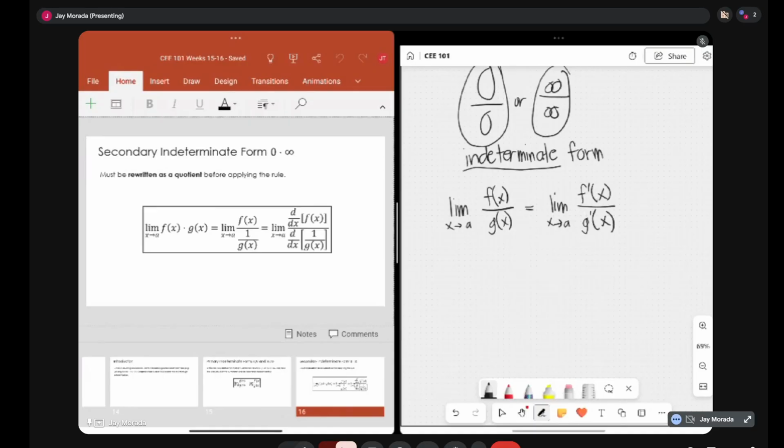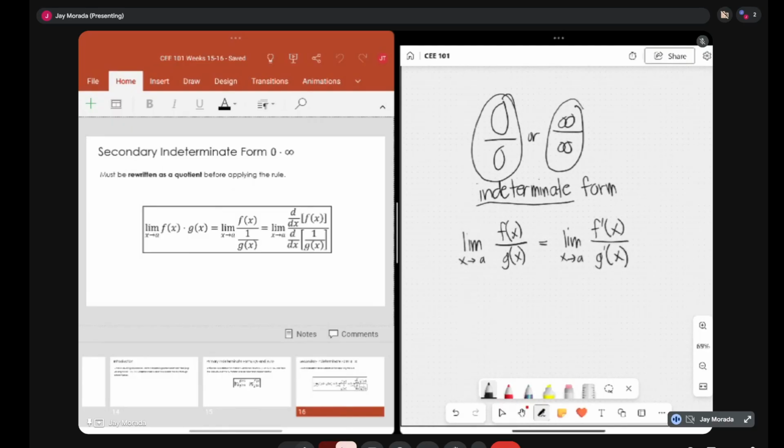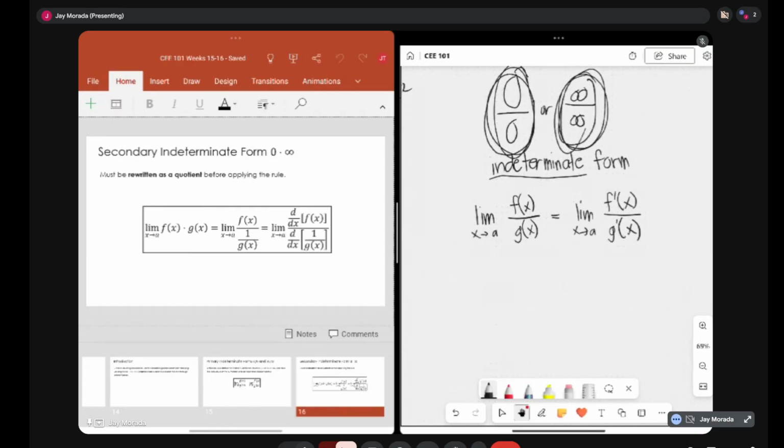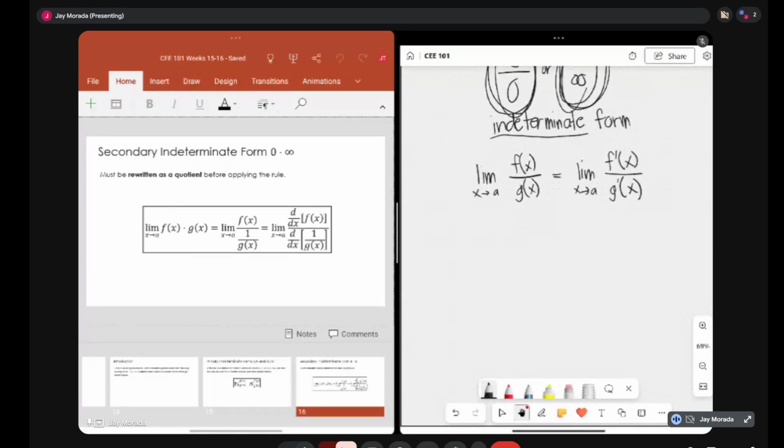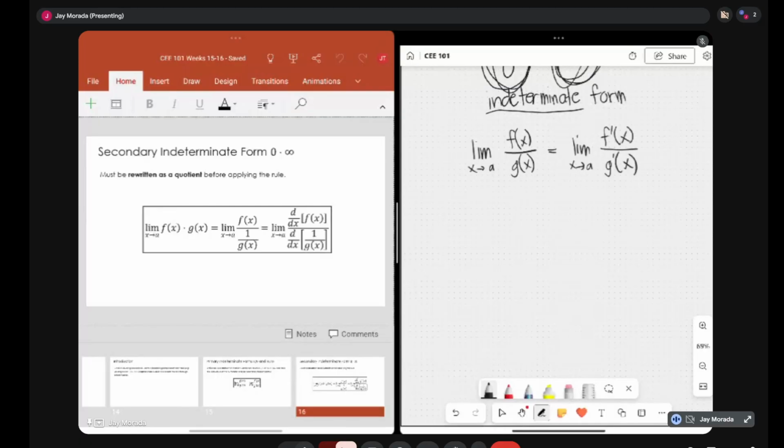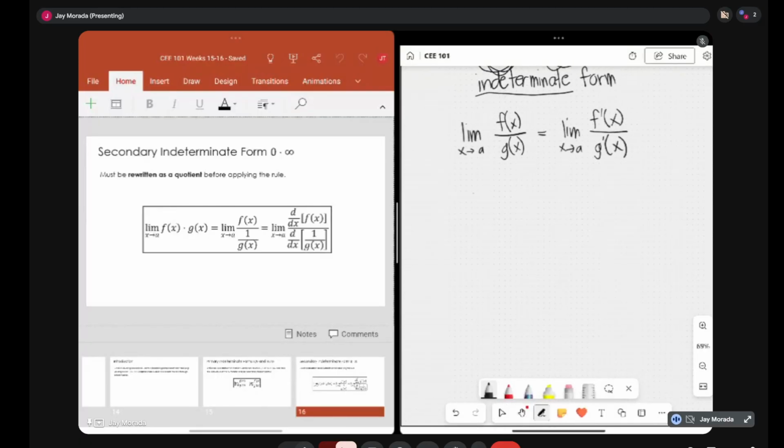This is what we call the primary indeterminate forms, 0 over 0 or infinity over infinity. Now, what if there are different forms? Let's say we have a secondary indeterminate form, 0 times infinity. We can rewrite this as 0 over 1 over infinity.